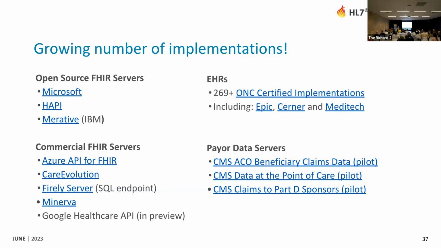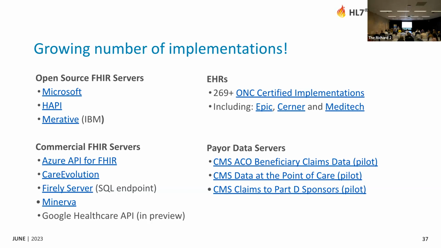Including EHRs from Epic, Cerner, and Meditech, which are, at least in the United States, the three largest EHRs. On the payer side, CMS, which is the federal payer in the United States, has been an incredible early adopter of the bulk data spec for getting claims data to folks who need it. And so they have a number of pilot programs with real patient claims data for the federal coverage programs in the United States that are sending bulk data today.